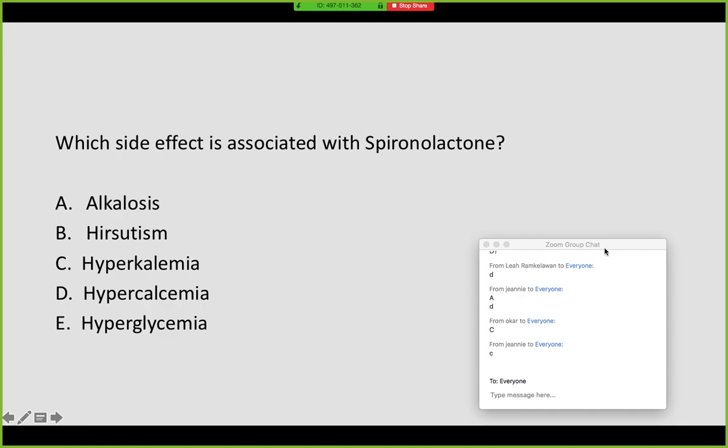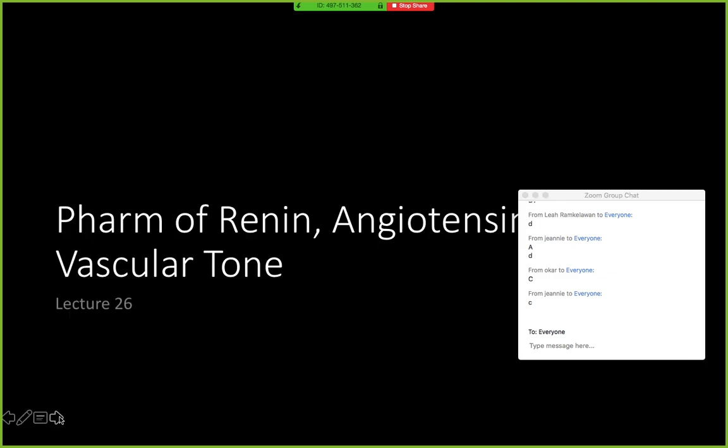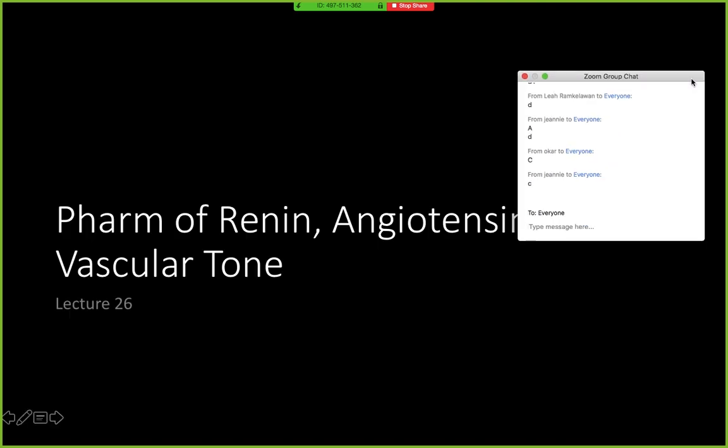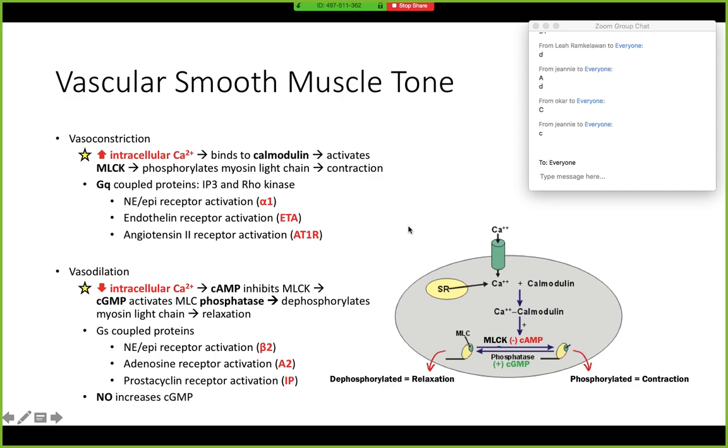And that's just important due to the cardiac effects and potential drug interactions if the patient is on other antihypertensive meds. Okay. So on to the next lecture.